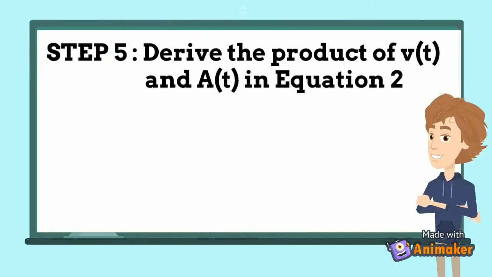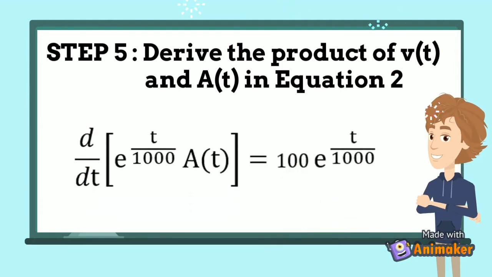Step 5. Derive the product of V(t) and A(t) in equation 2. We can write our equation like this: the derivative of e to the power of t over 1000 times A(t) with respect to time equals 100 times e to the power of t divided by 1000.